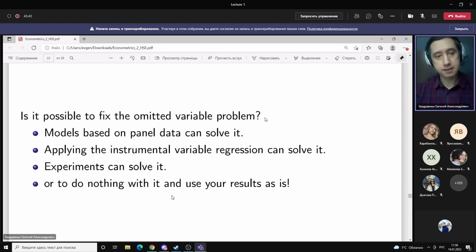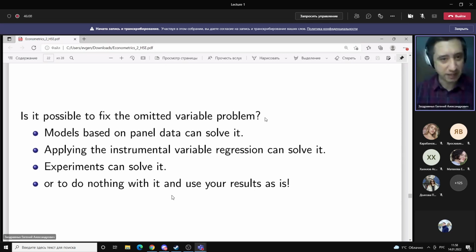And the final strategy to work with omitted variable problems: do nothing. And to be honest, it is the most popular way to solve the omitted variable problem. Just forget about it. Personally, I recently published a paper and I had an omitted variable problem. I didn't have data to solve it.